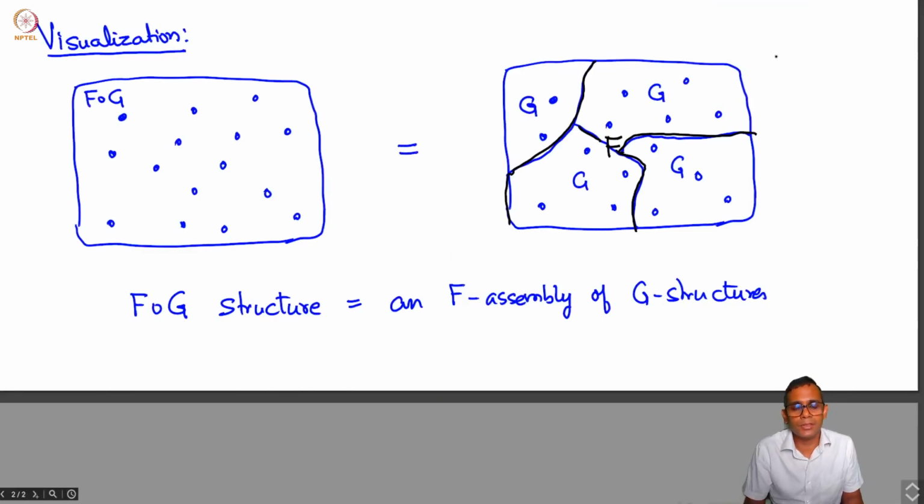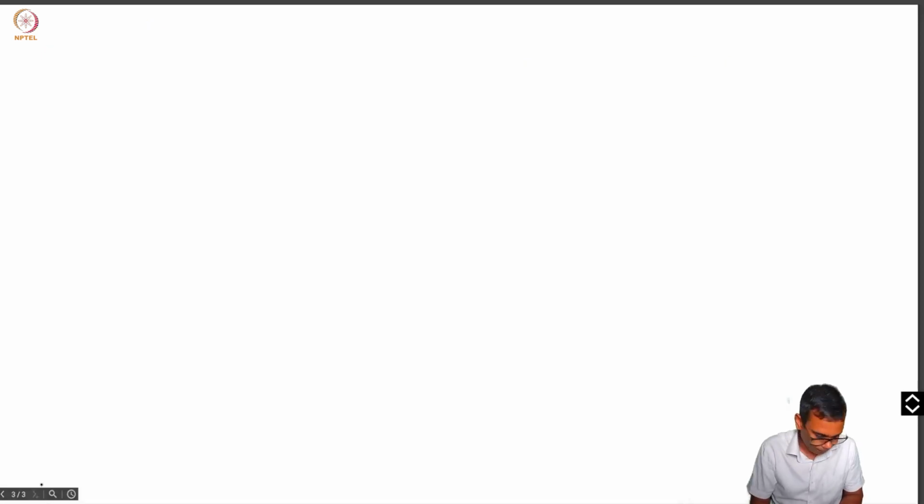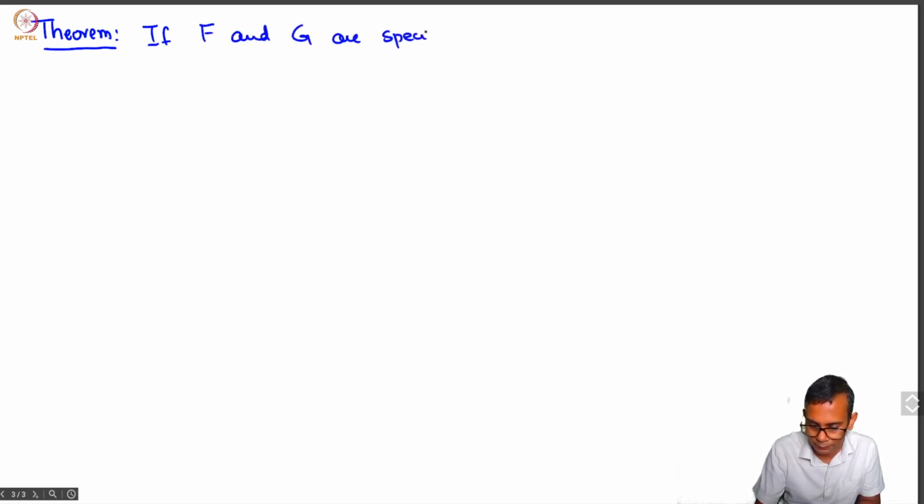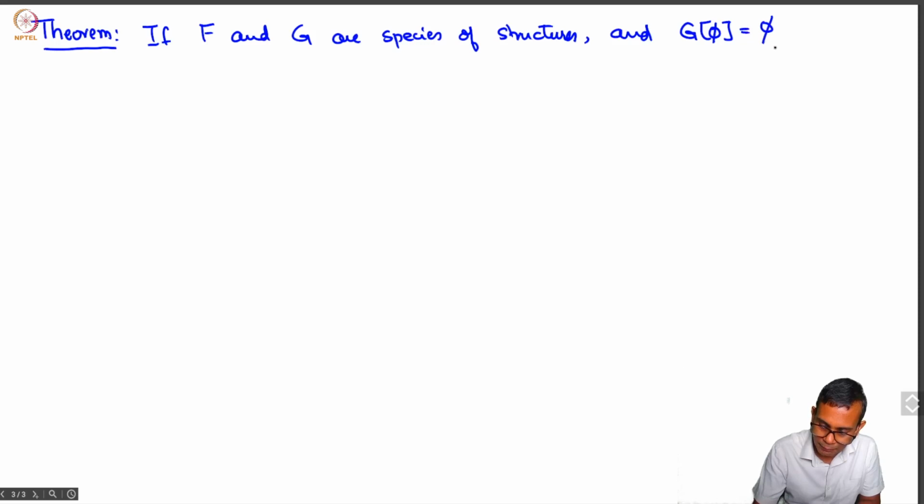What can we say about the generating series associated to a substitution of species? So the theorem is that if F and G are species of structures, and we have to have this hypothesis that G of the empty set is empty.